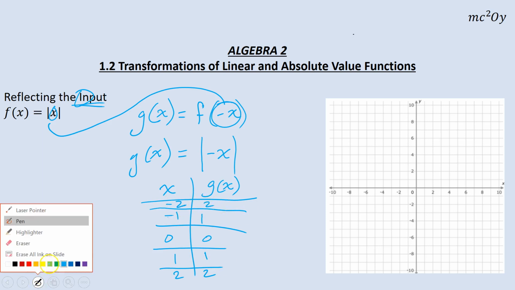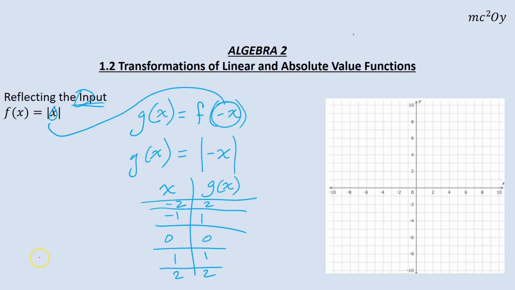What's kind of weird about that is, here's my parent function. And then when I graph my transformation, 0, 0, 1, 1, 2, 2, -1, 1, -2, 2, it's the exact same thing. That's because this is a horizontal reflection over the y-axis.